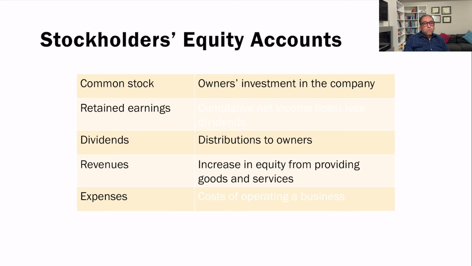So common stock or shareholders equity, common stock is the owner's investment in the company, retained earnings is the cumulative net income or loss, dividend is a distribution to the owners. Revenue is an increase in the equity from providing goods and services, and expenses are the cost of operating a business. So these are the things that relate to stockholders equity accounts.